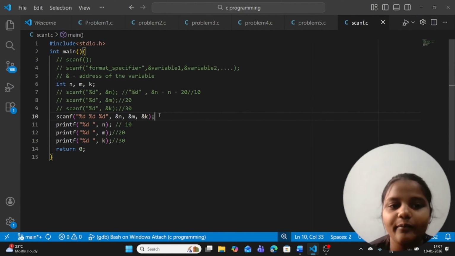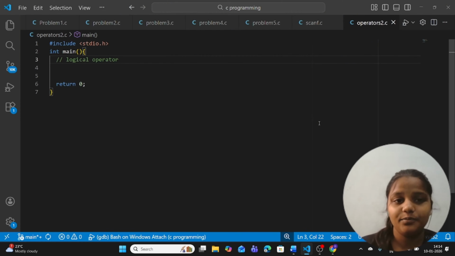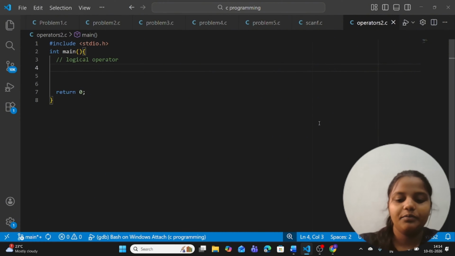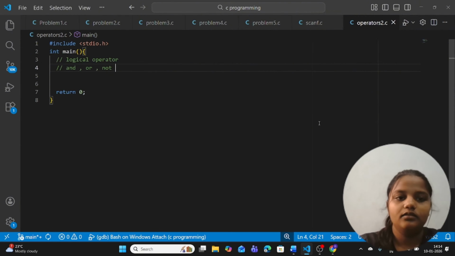We will see operators now. Now we will see the remaining operator, that is the logical operator. So what is meant by logical operator? Logical has three types of operator, that is AND, OR, and NOT.